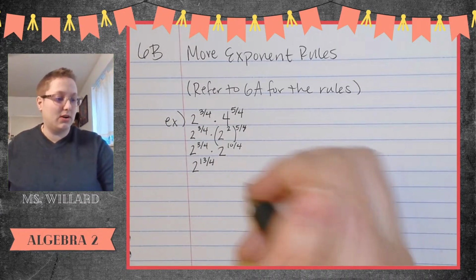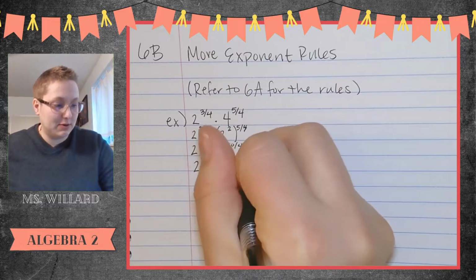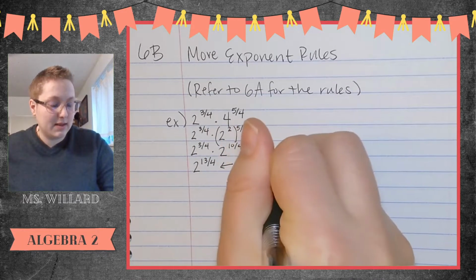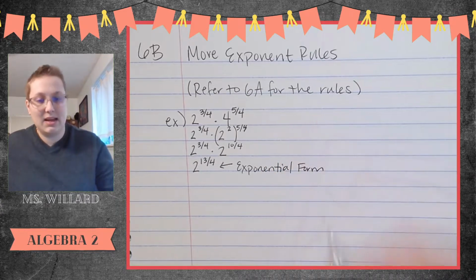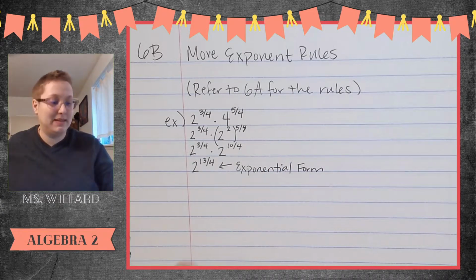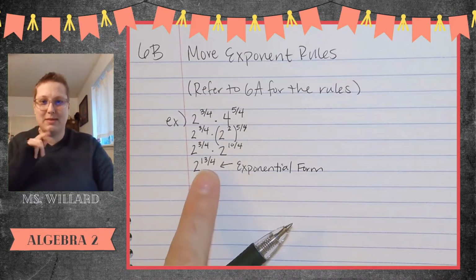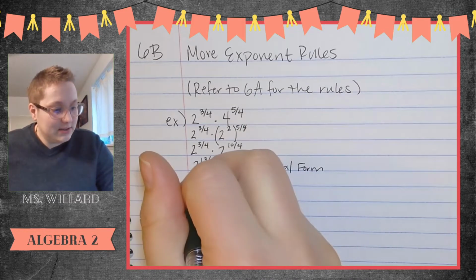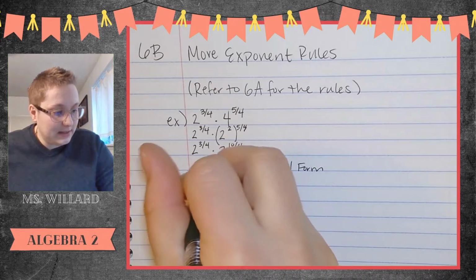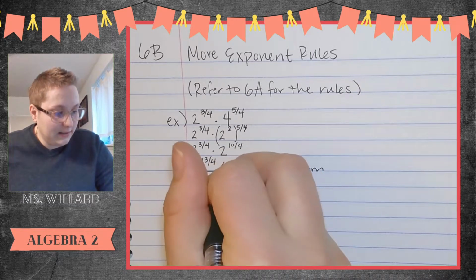Now this is what's called exponential form, which literally just means that they're in exponents. And then radical form means that we use that fifth rule to make this over 4 into a root 4. So normally what we do is we have the whatever root of 2 to the 13th.